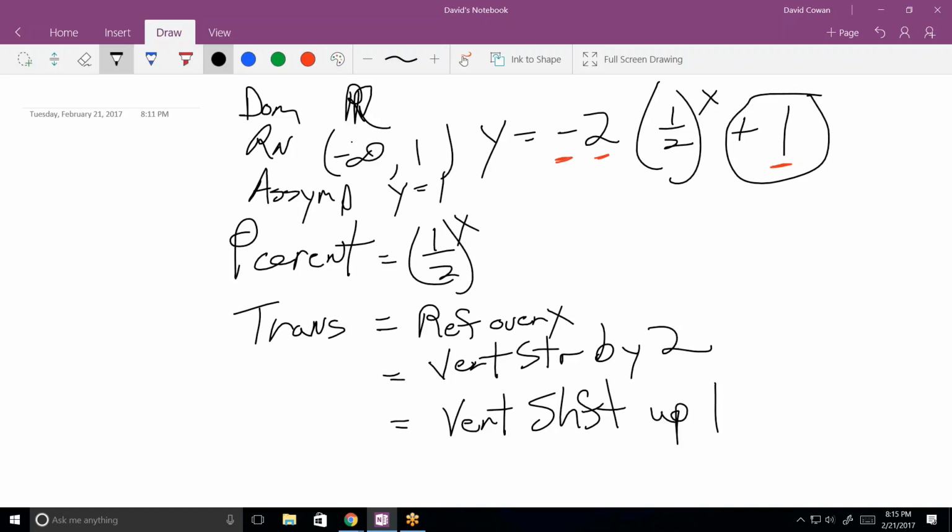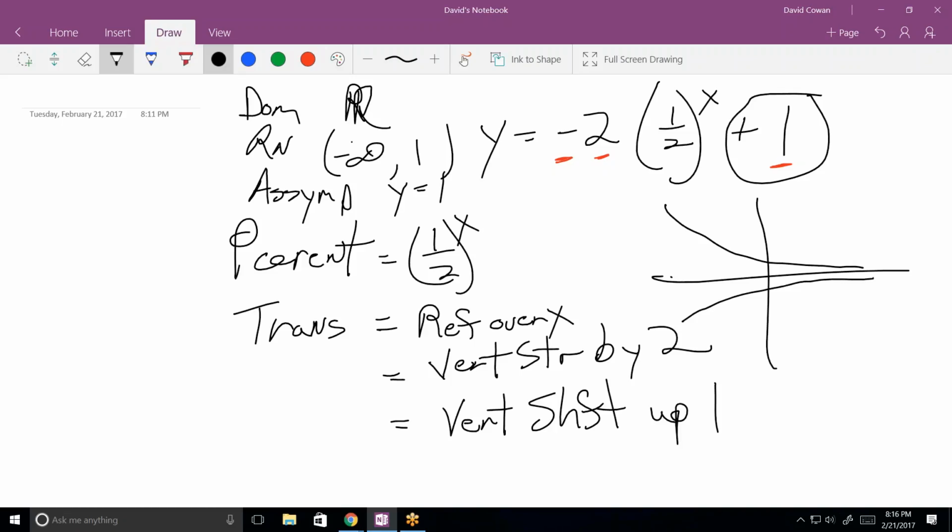Just a second. I feel like I'm doing something wrong here. If I draw the original curve, I know they didn't want us to do that, but I'm going to just for my sake. The first thing I do is the reflection, so it looks like that.